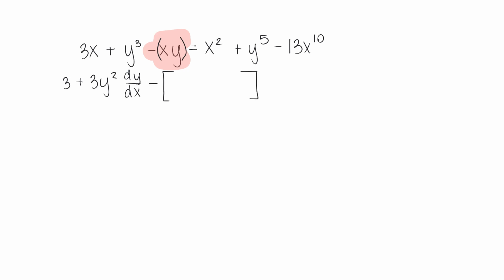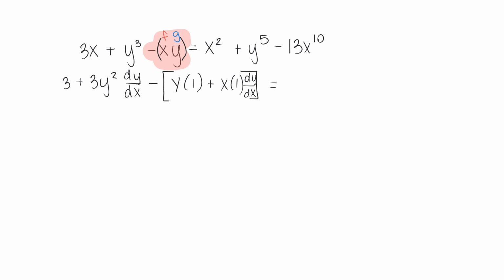So again, if this is my f and this is my g, I'm going to go g, f prime, f, g prime. So g is y. The derivative of x is 1. Plus g prime, f is x, the derivative of y is 1 dy/dx. Okay?